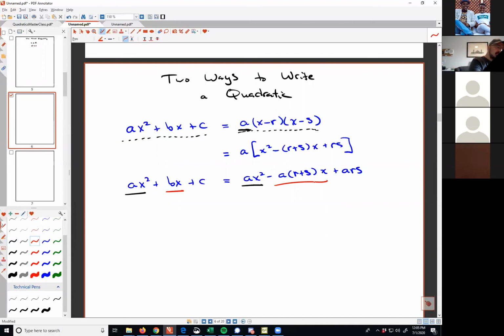Well, what does that mean? It means that bx is equal to negative a times (r plus s) x. And you know what? Let's just get rid of that x. Okay. Now, c must be equal to ars.